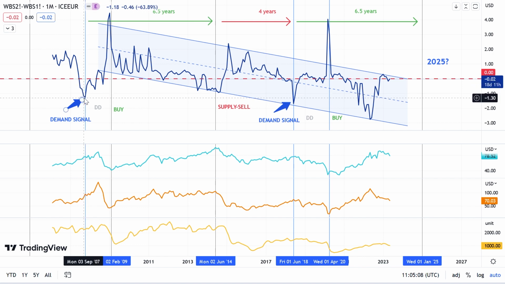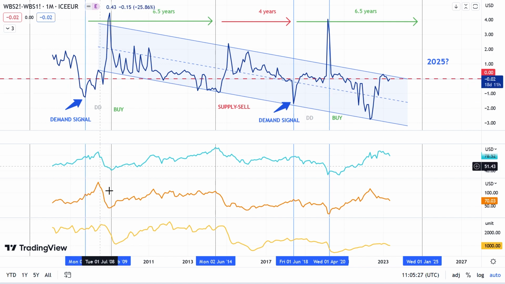So this demand signal came, the oil futures market went into backwardation, saying that, look, we need more oil supply to come online to bring us back into a state of contango. But then we had this demand destruction event.